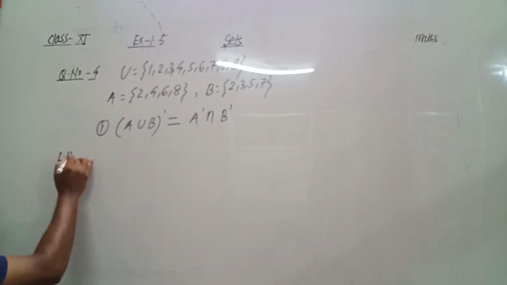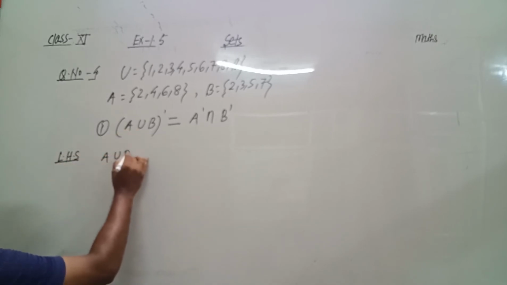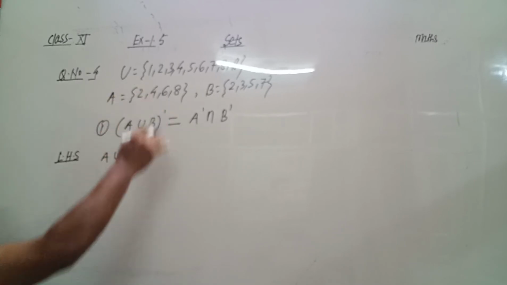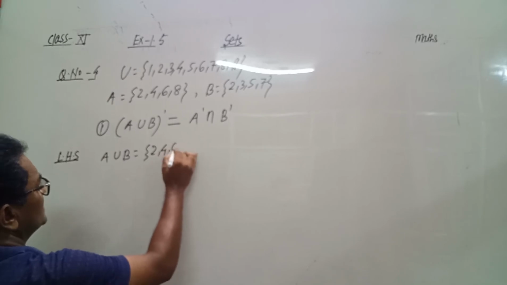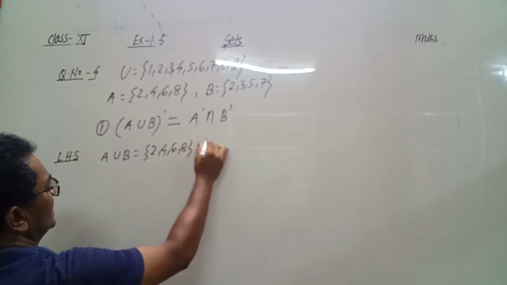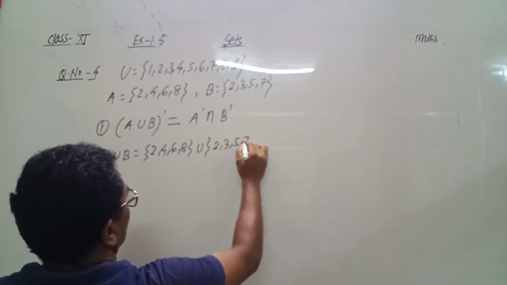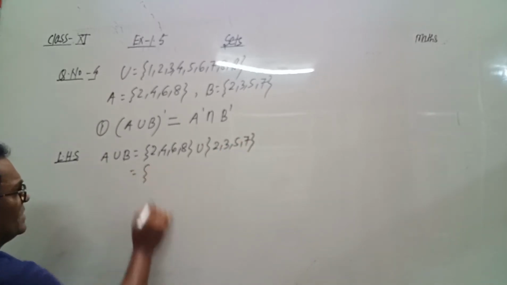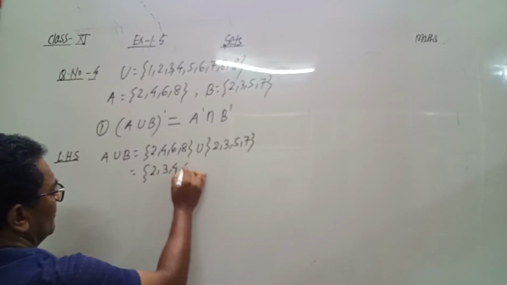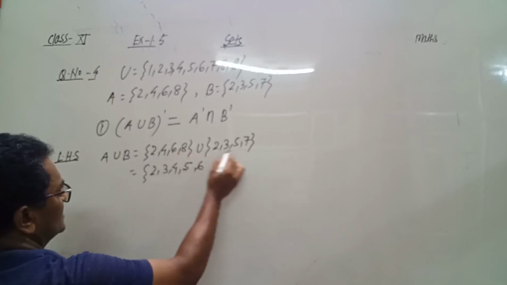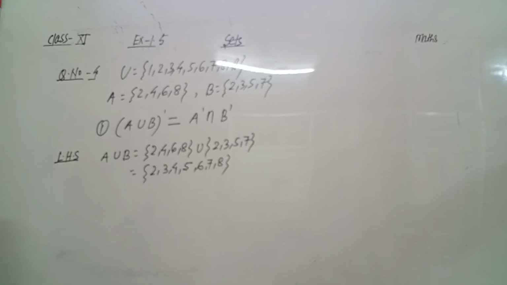First we solve LHS and find A union B. Set A is 2, 4, 6, 8 and union set B is 2, 3, 5, 7. Writing down by combining both, we get 2, 3, 4, 5, 6, 7 and 8. This is A union B.